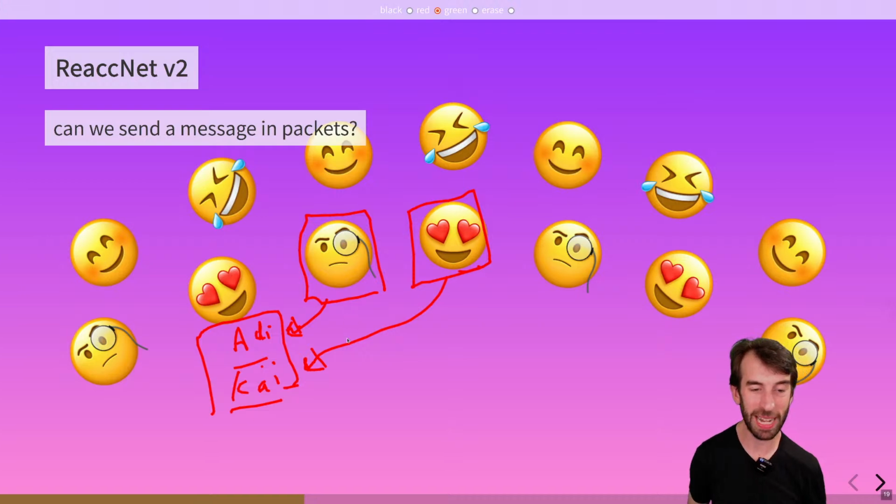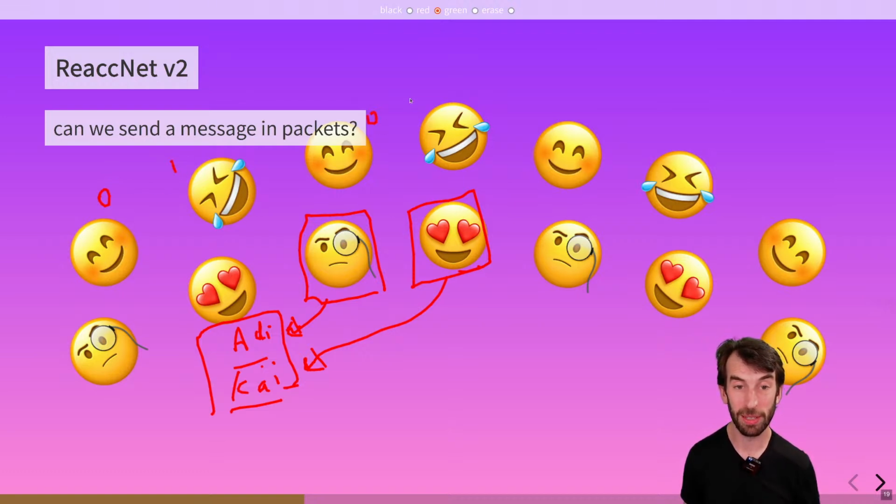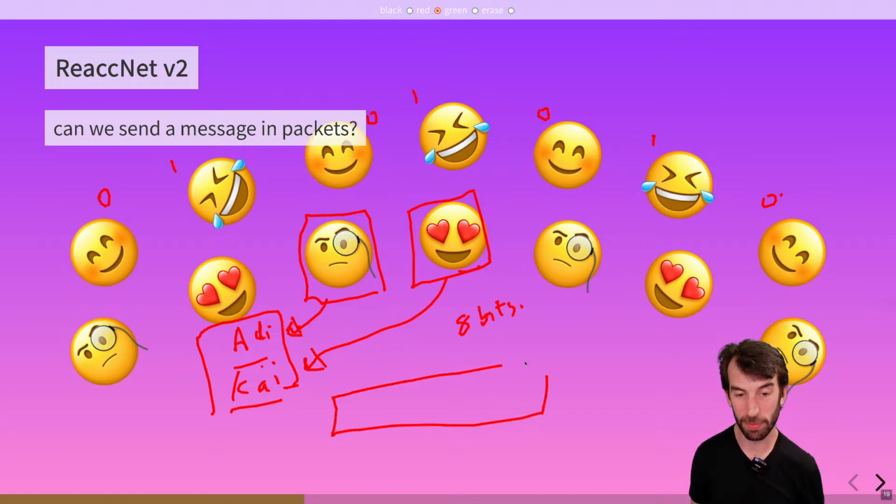So someone who's not Addy or Kai is going to send a message for those things. And now we're going to go with our face protocol. It's going to be a 0 with a smile and a 1 with a laugh. 0, 1, 0, 1, 0. And you're only allowed to send 8 bits. So the packet must be in this form. 1 block address.